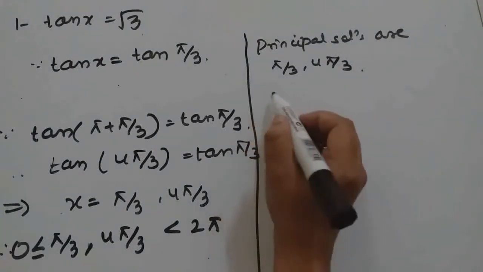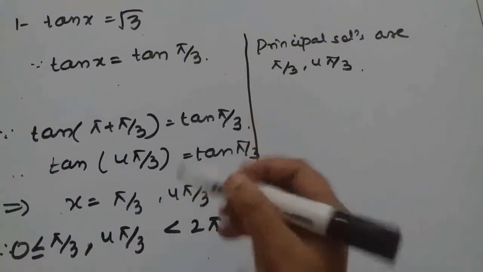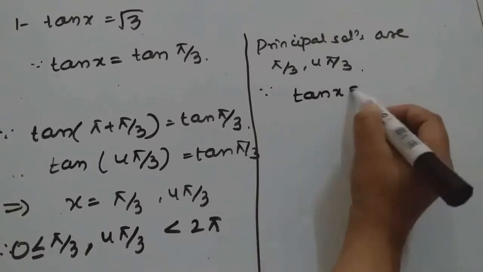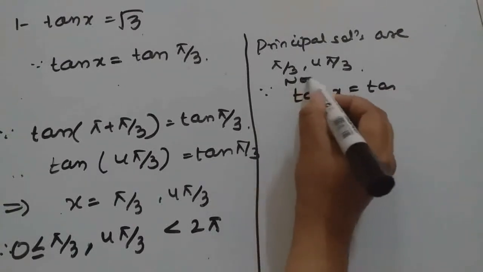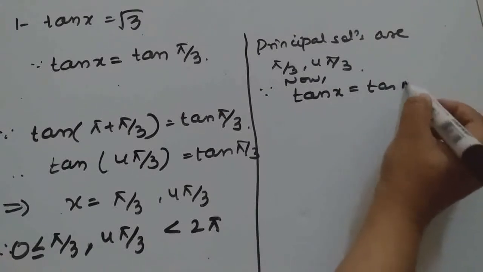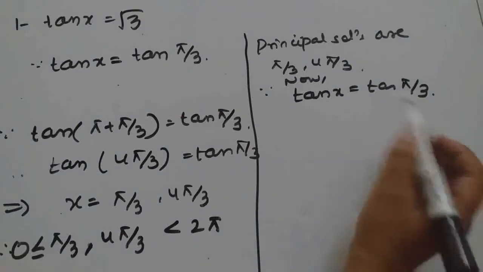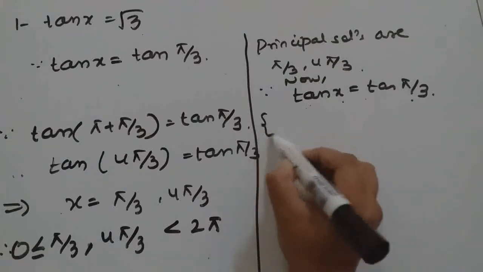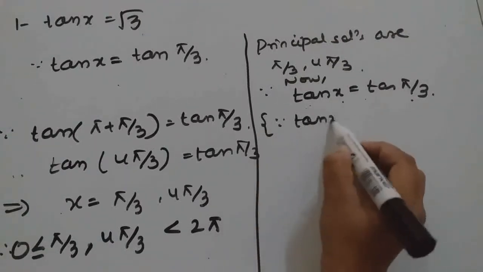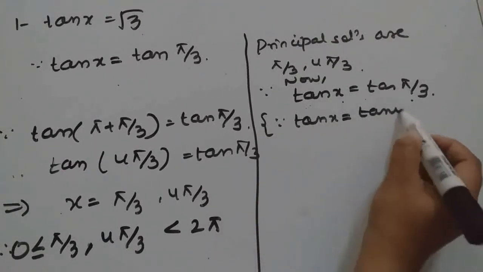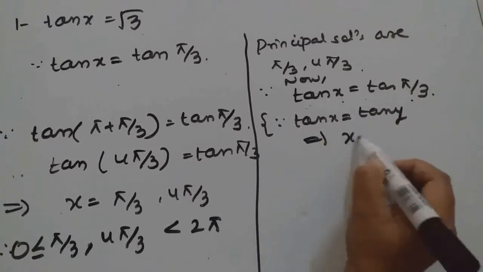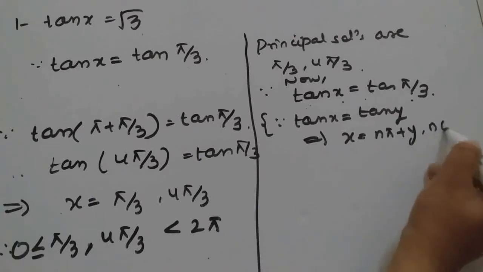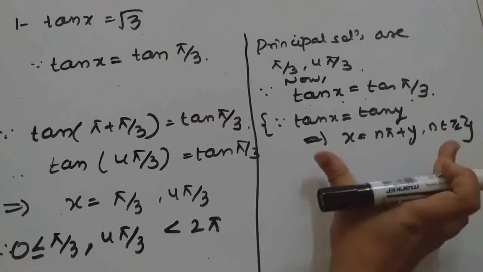Now to find the general solution, we should recall the rules. Since tan x is equal to tan pi by 3, this is one rule: tan x equals tan y implies x is equal to n pi plus y, where n belongs to Z. This is the rule.